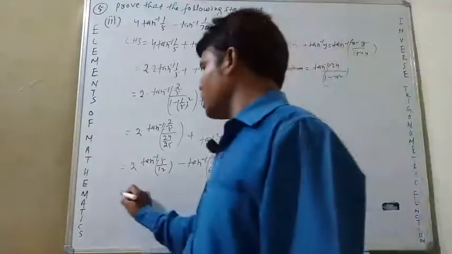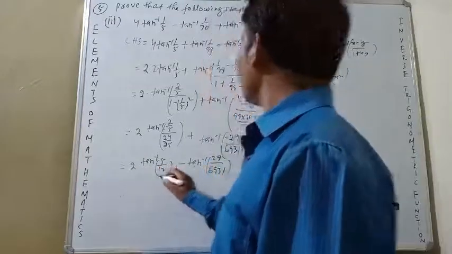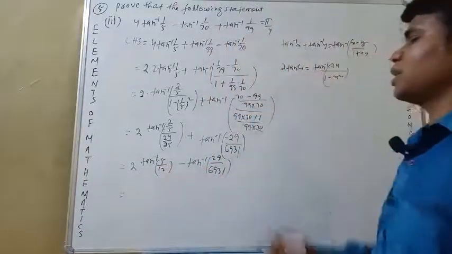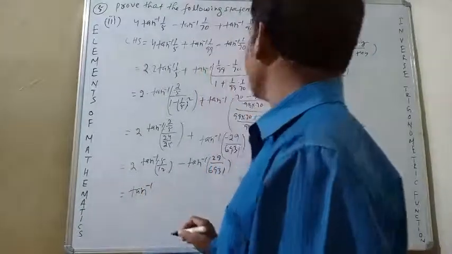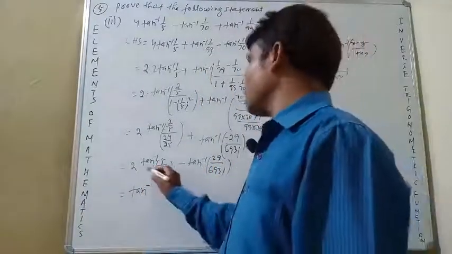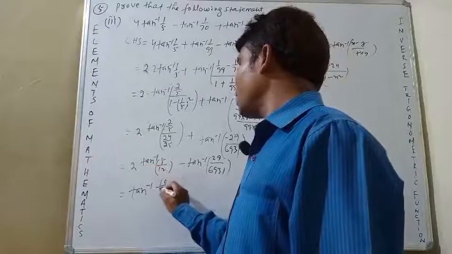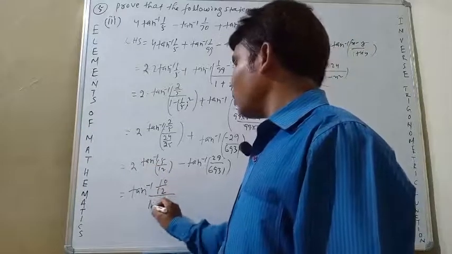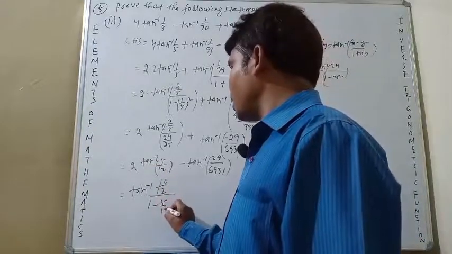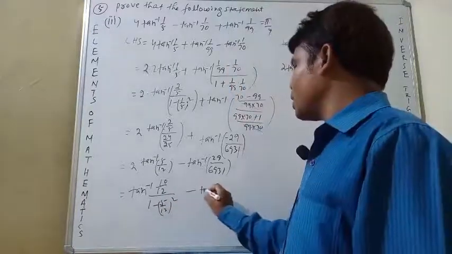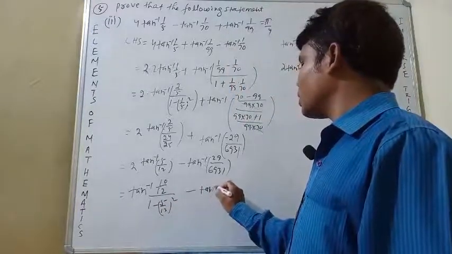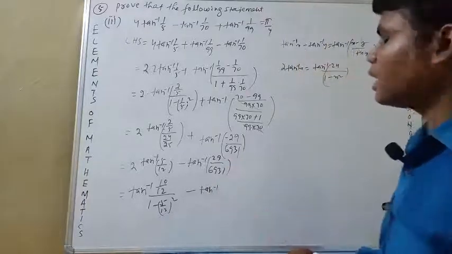So is equal to, again you use this formula 2 tan inverse x. This is equal to tan inverse of 2x, that is 2 into 5, 10 by 12, divided by 1 minus 5 by 12 whole square, minus tan inverse 29 by 6931.